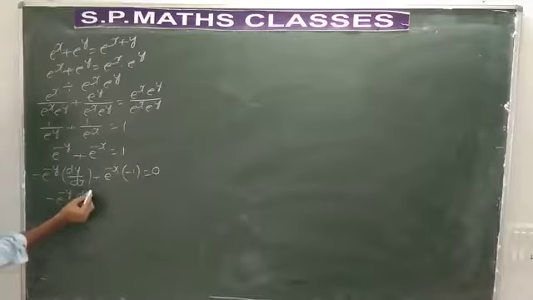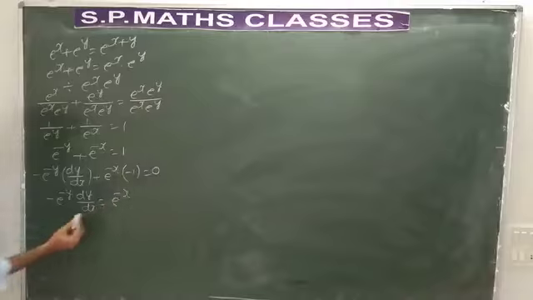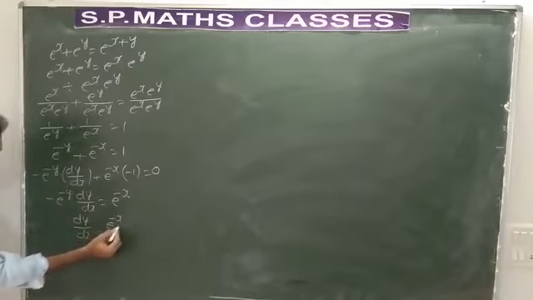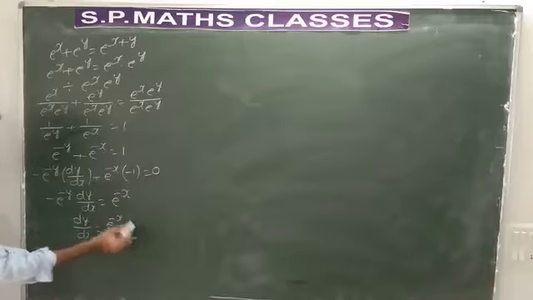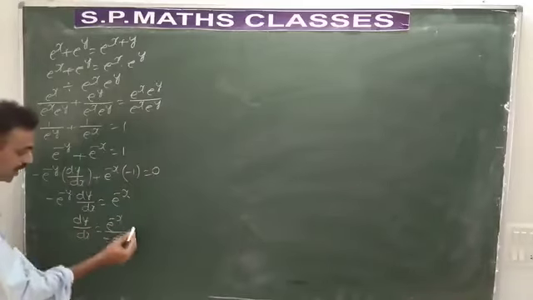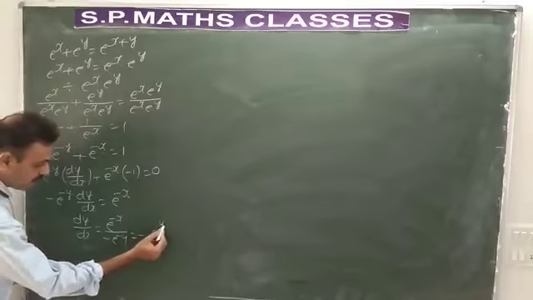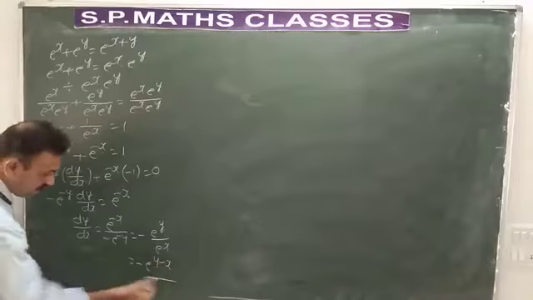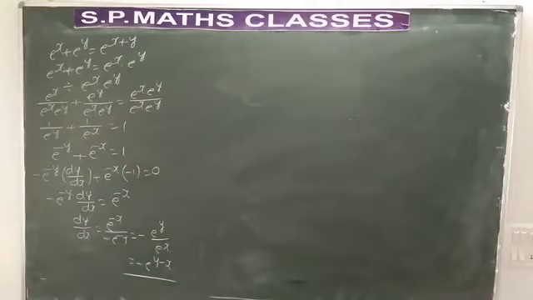Minus e power minus y into dy by dx is equal to, you take it to RHS, e power minus x. What is dy by dx? e power minus x divided by minus e power minus y. Now, to take it to the numerator, e power y by e power x, with the minus sign: minus e power y minus x. That's what dy by dx is.